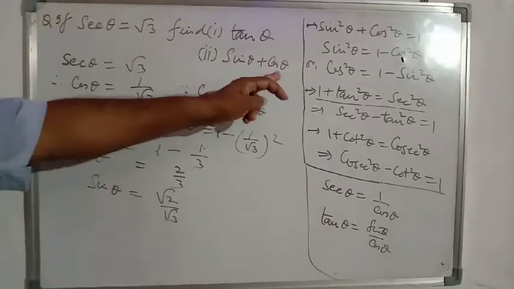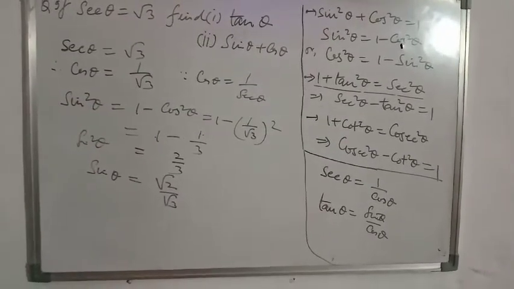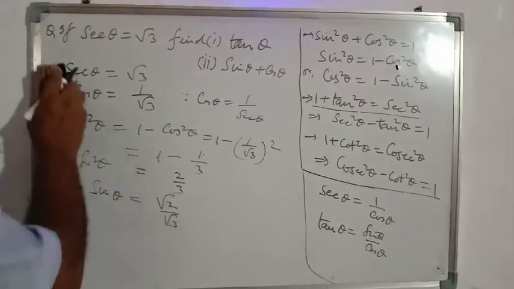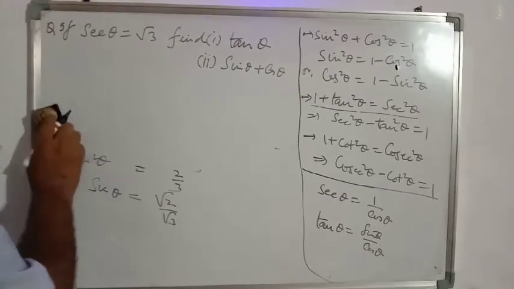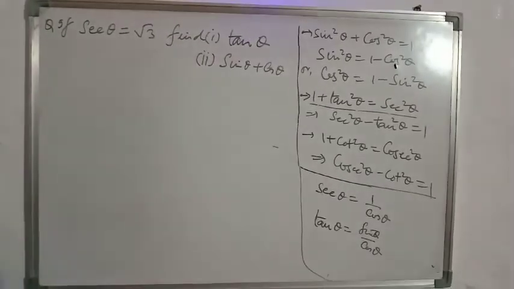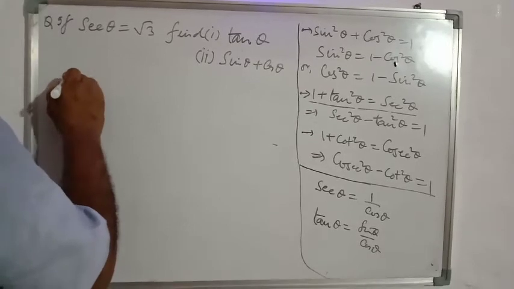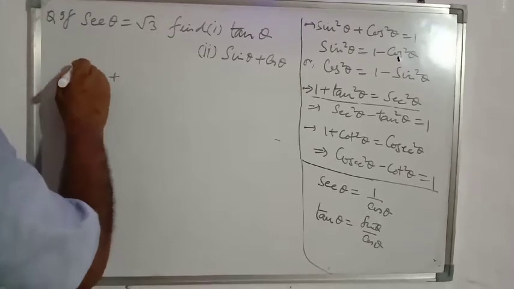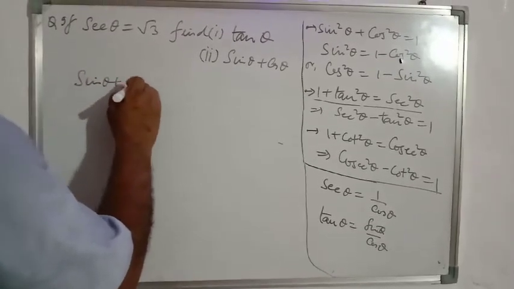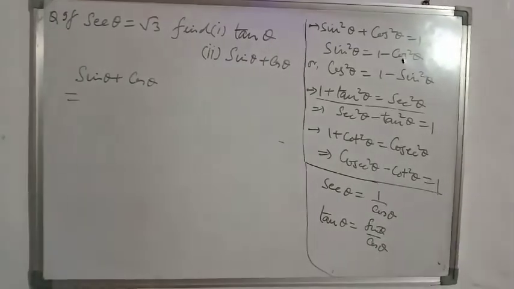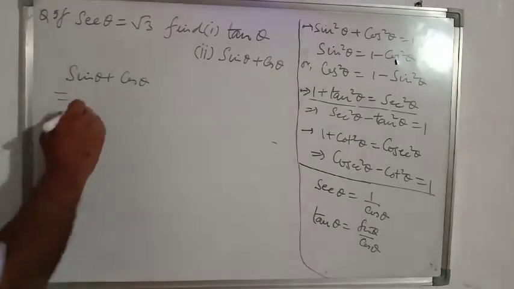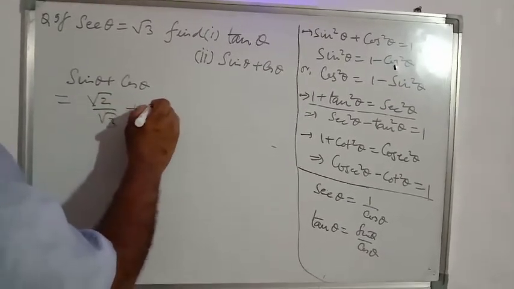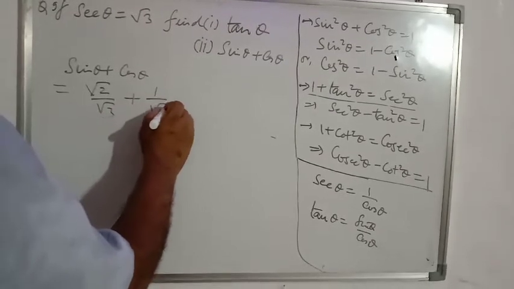Now we can put here sin theta plus cos theta. So sin theta is root 2 upon root 3 and cos theta is 1 by root 3.